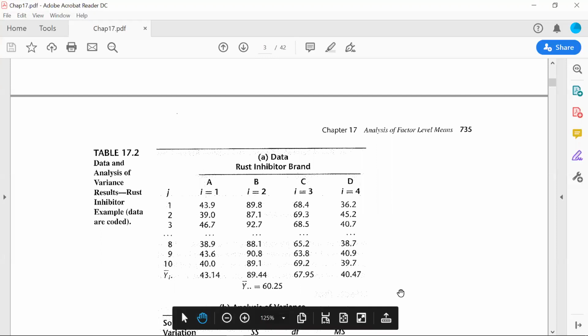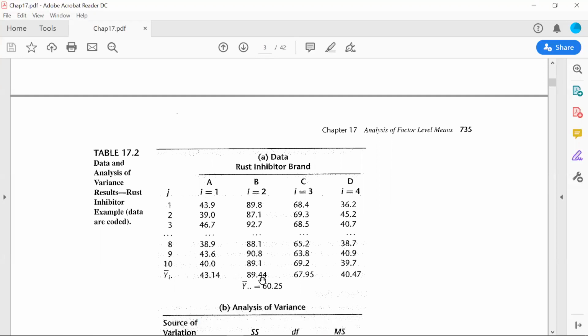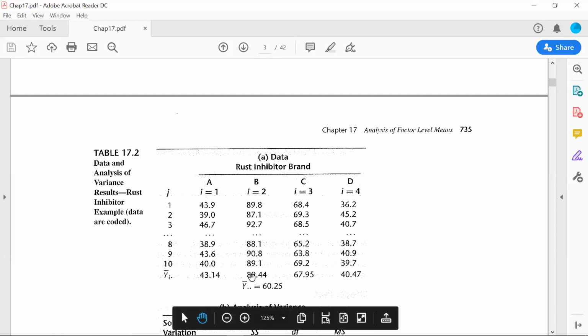So visually, we can see that brand B appears superior to the other 3. It appears like it's statistically separating from the other 3. Now, again, we have to do the analysis to test this, but just from a visual, it appears to be separating from the other 3.